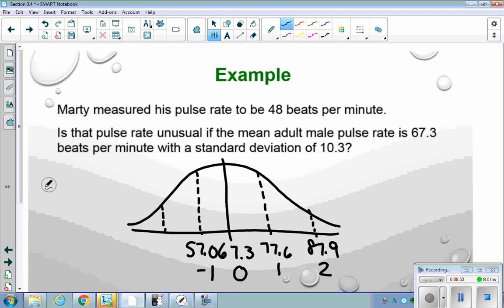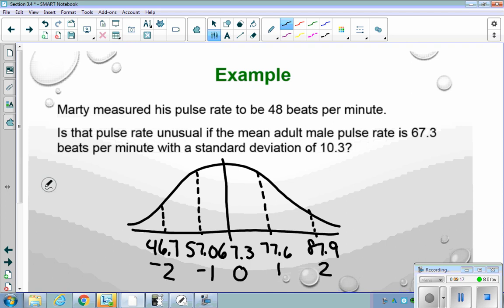Then I'm going to subtract 10.3 from 57.0, so I'm going to get 46.7. That is when my z is -2.